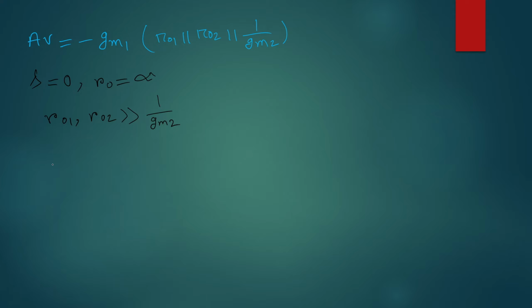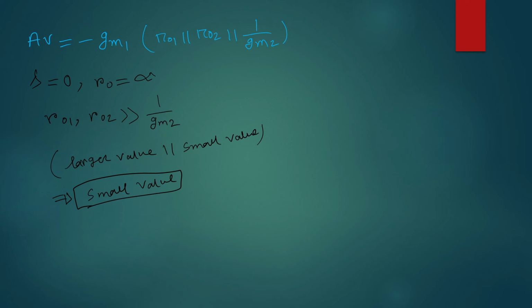So we know that a larger impedance in parallel with a small impedance, whenever they are together, the small value wins.